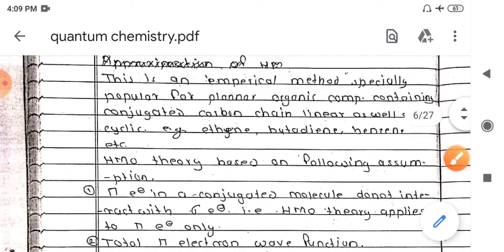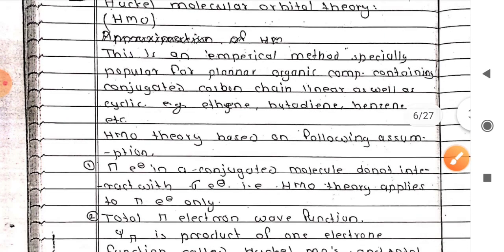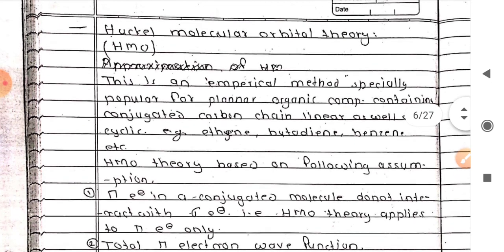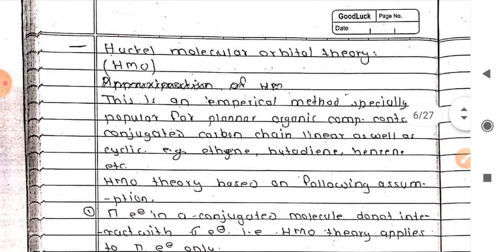This method is just an empirical method, so we will have certain empirical values. The exact values can be obtained only experimentally, but the empirical values can be easily obtained by using this theory. There are lots of assumptions for this HMO theory. We will see those assumptions in the next lecture.